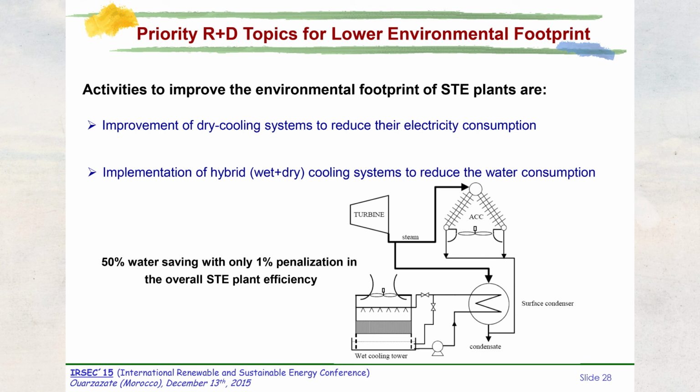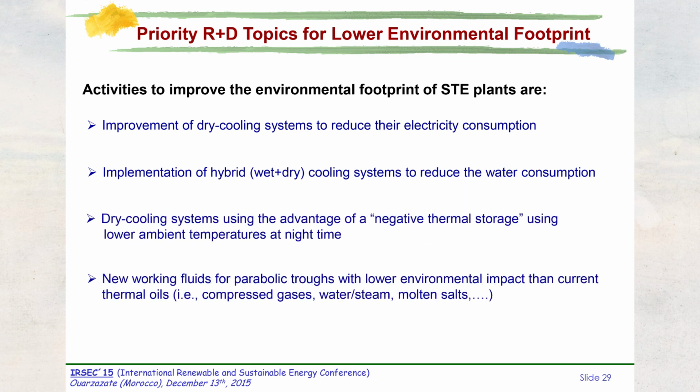In a hybrid cooling system, we have dry cooling for winter time, because the ambient temperature is lower, and we use a wet cooling system for summertime, when the ambient temperature is higher and the efficiency of the dry cooling system would be lower. So with such a hybrid concept, we reduce the efficiency of the overall plant a little, but we reduce the water consumption significantly, about 50%. So this is also a very promising option.